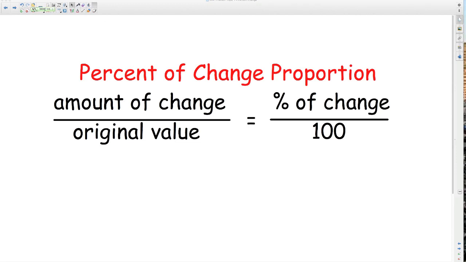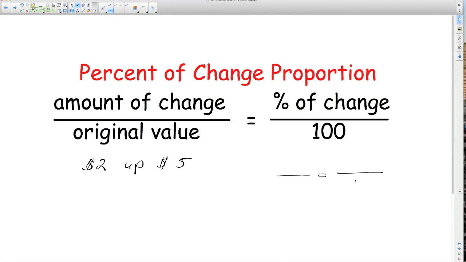For example, real simply, if I had something that went from, let's say, $2 up to $5, the way I would set up this proportion to find the percent of change: the percent of change would be x, and the original value, since I started at $2, is 2.